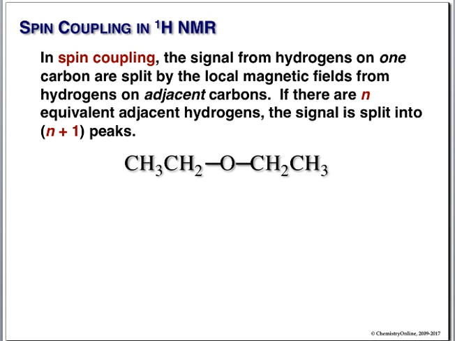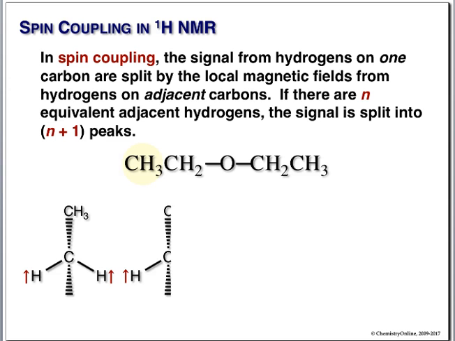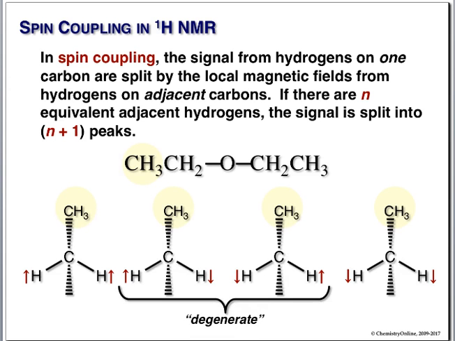Let's look at our compound here. We're dealing with our methyl group here on the end. Let's look at the CH2 that's next to it. Now remember how we said the hydrogens on a carbon were going to split the signal. Here, the hydrogens on the adjacent carbon split the signal. Here's our methyl group. That's the one we're looking at.